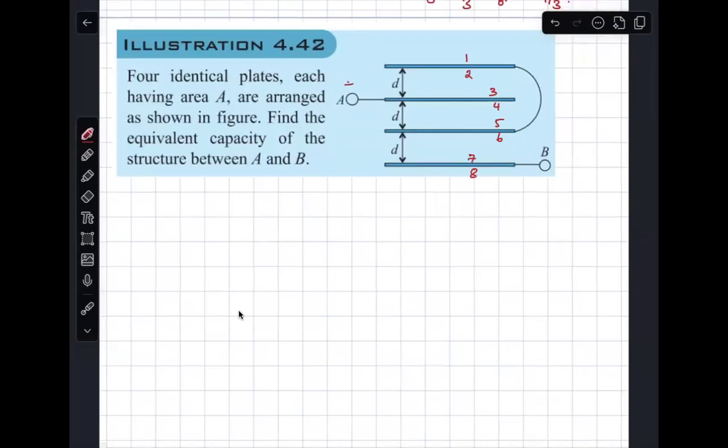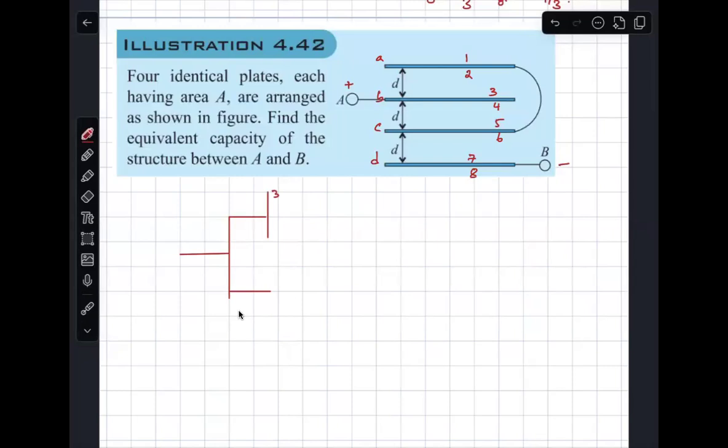You take this as the positive terminal. You take this as the negative terminal. Now, when I start with A, I will have the plates' names also, which you should write: A, B, C, D, names of the plates. Now I'll take plate B. Plate B, 3 facing.